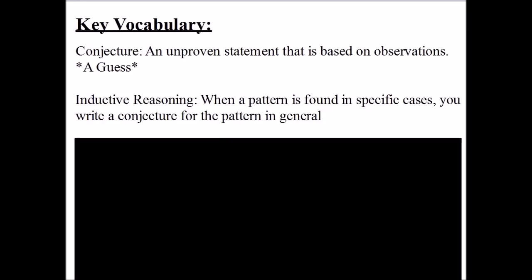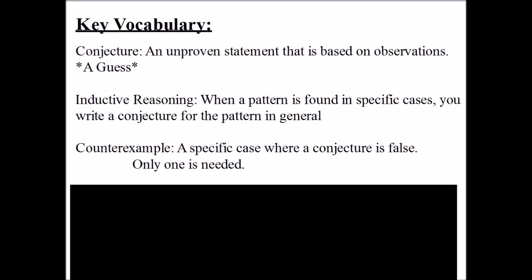The third vocab is the counterexample. This is really important. I need you guys to really get familiar with this one. A counterexample is when you find an example that will prove your conjecture wrong.